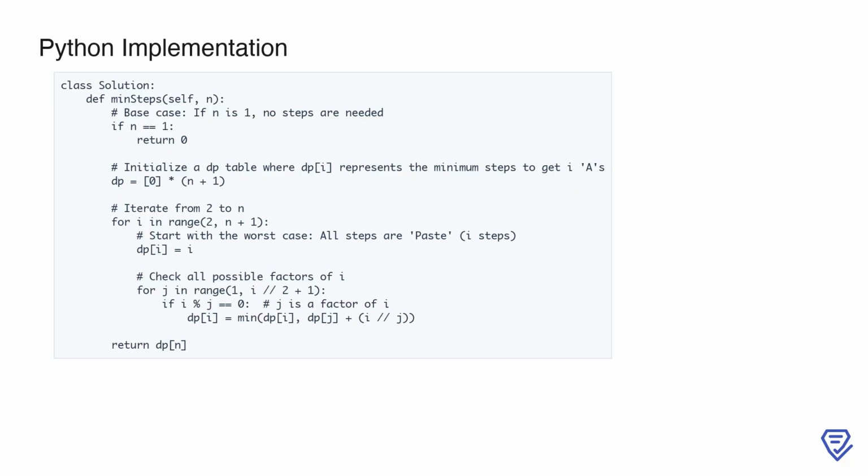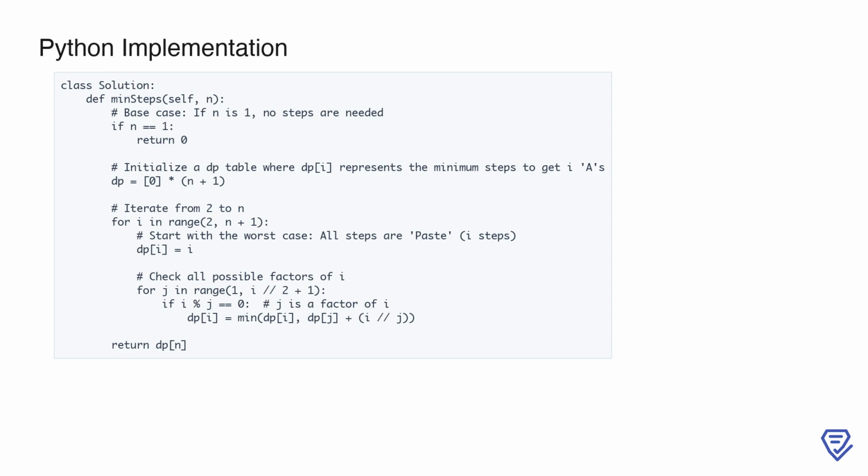3. Iterating over numbers: starting from 2 to n, we calculate the minimum steps for creating each number of A's. Initially, we assume the worst case for dp[i] to be i, where all steps are pastes after a single copy all. 4. Finding factors: for each i, we check all possible factors j from 1 to i/2.